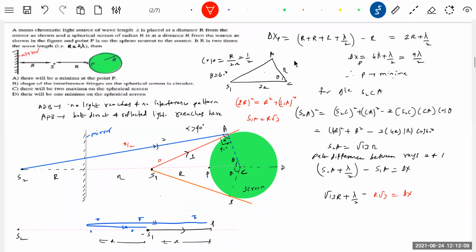R equal to 2 lambda, so delta x is root 13 minus root 3, plus a half, into 2 lambda. Give me the value. Anybody, the value of delta x?